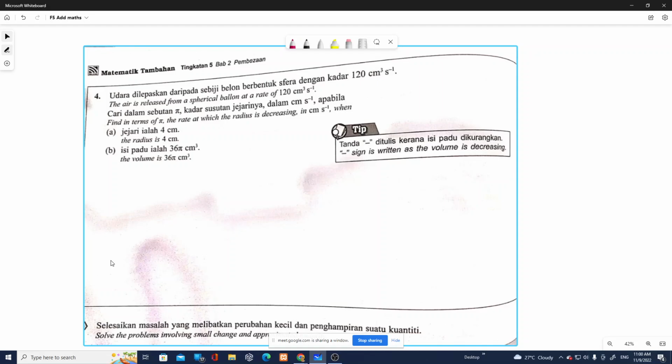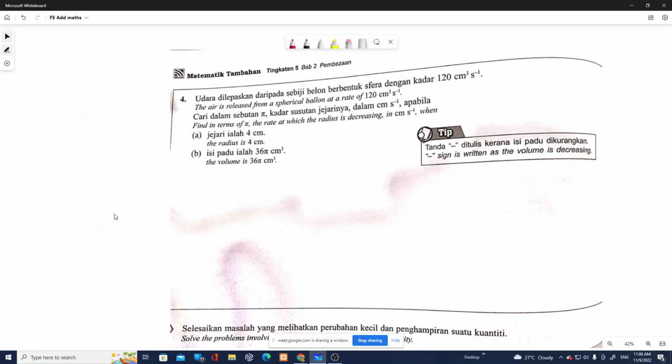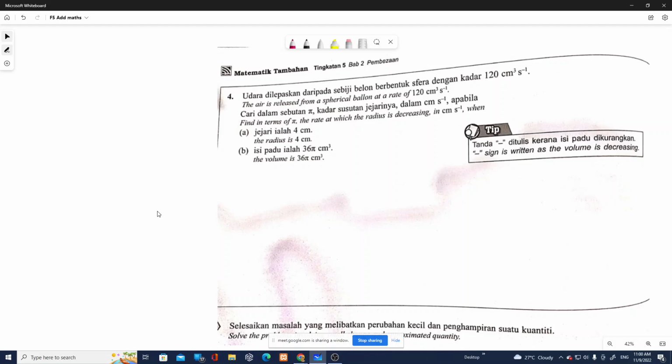Alright, so this is a rate of change question, right? The rate of change that we have learned just now. First, the first information is 120 cm cubed per second.